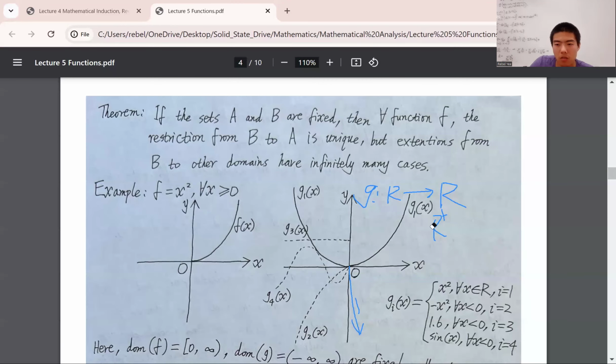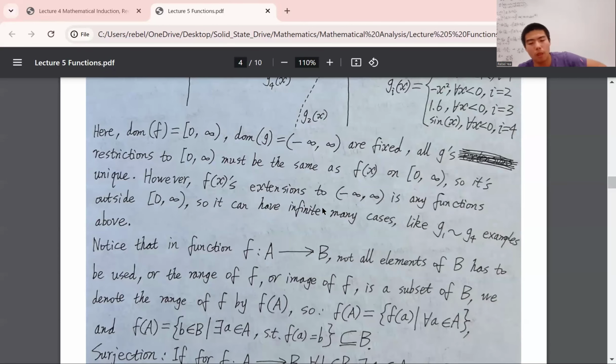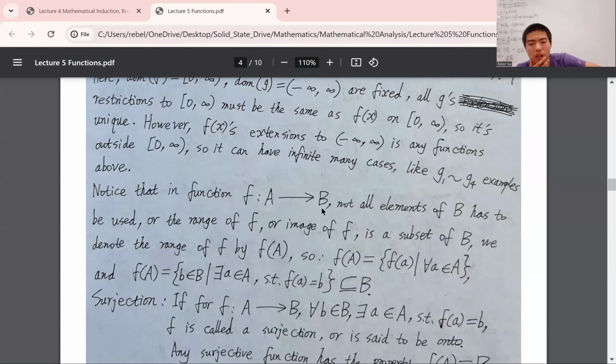So in this case, we find there's some elements which are not used in the codomain set. So in this case, the range makes a big importance here. So the range is a subset of B, the codomain, and we denote the range by F(A) or the image, right?